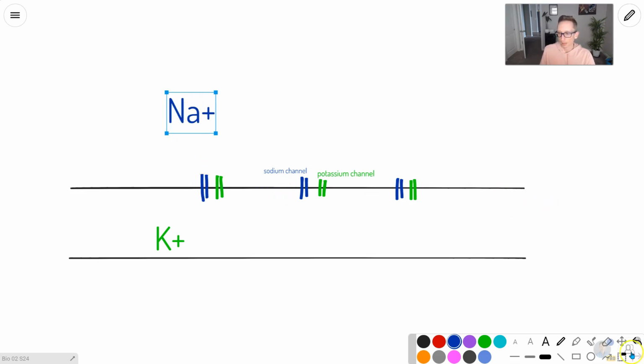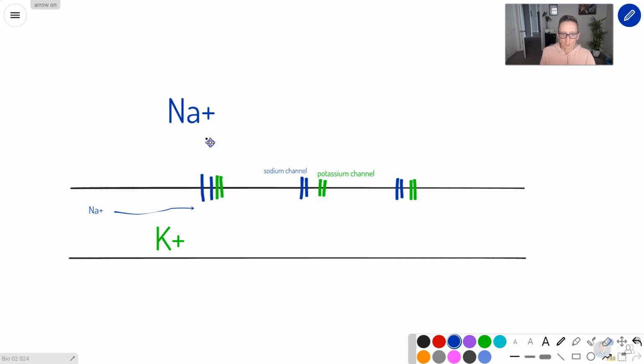But, and we'll talk about where this comes from, some of the sodium now is inside. It's come from the dendrites. It's come from another neuron sending it a signal. We'll talk about how that happens, but we're just in the middle of that process right now. So what happens is this sodium comes over here, and when it gets close to this channel, it opens up. Boom.